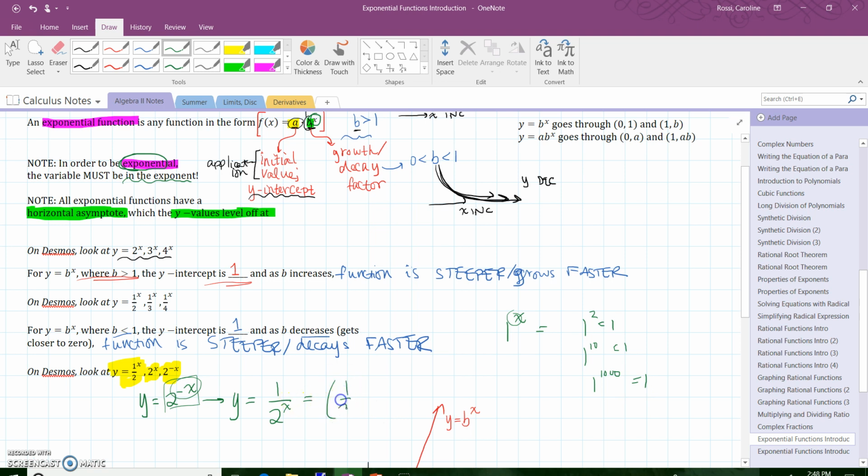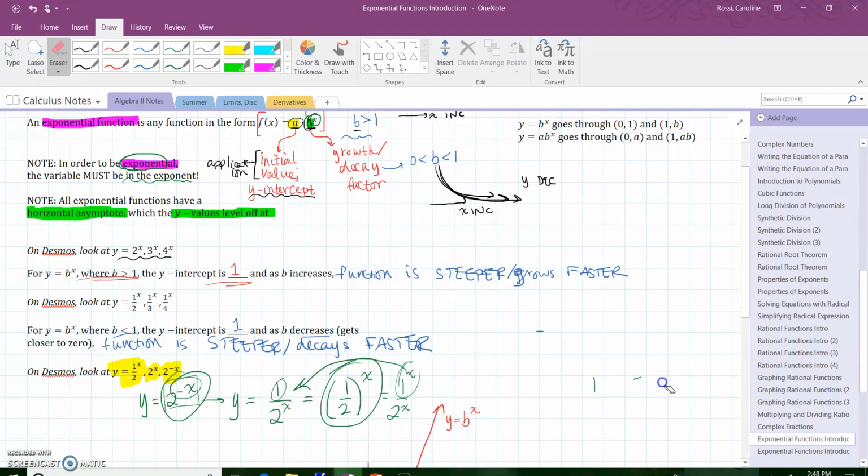So 1 over 2 to the x is the same as 1/2 to the x because, remember your exponent rules, 1/2 to the x means 1 to the x over 2 to the x, and 1 to the x is just 1. So that is why 2 to the negative x is the same as 1/2 to the x.